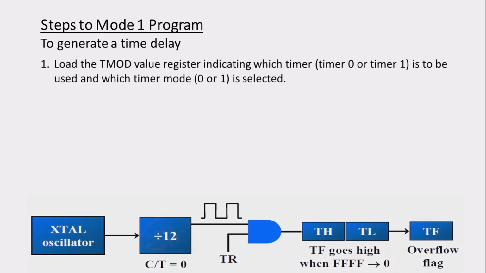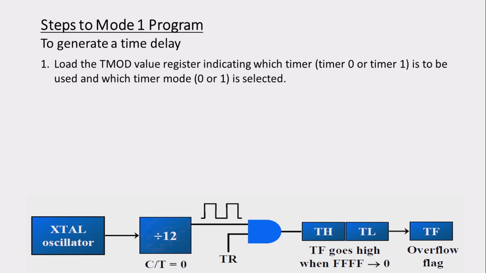Now, how to generate a time delay using mode 1 programming? In order to generate a time delay, first I need to select which timer I need to start. There are two timers as we know. So I need to select whether I want to start off with timer 0 or with timer 1.